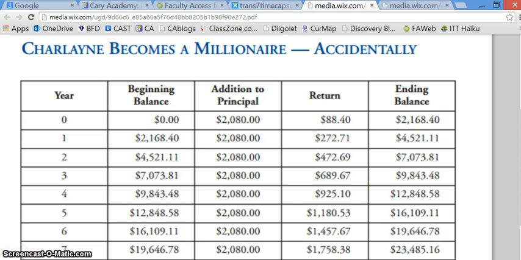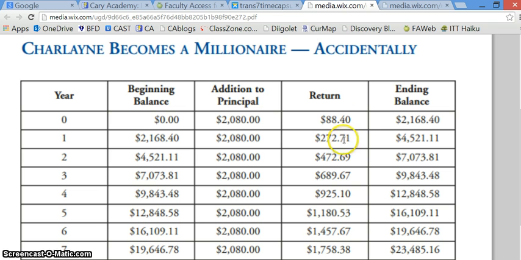So in year 1, this is the year that she actually starts off with some money in the bank, and her beginning balance came from the ending balance. Her addition to principal continues to be $2,080, and the bank is going to pay a return of $272.71. That's the amount of interest they're paying her for leaving in the beginning balance plus the addition to principal. So she left in approximately $4,000, and she ended up with a return of $272.71.